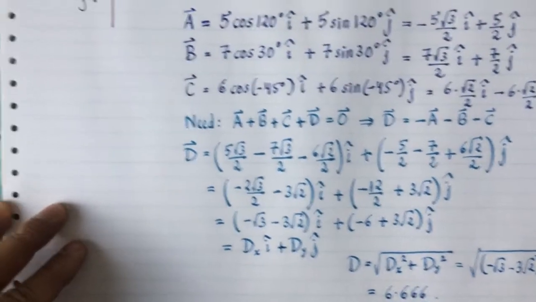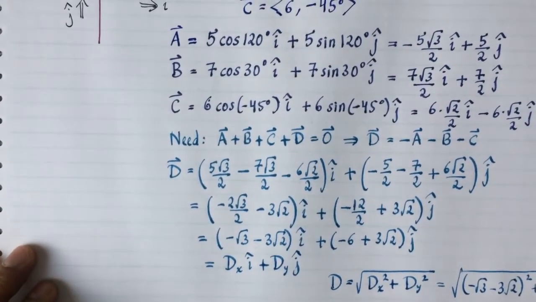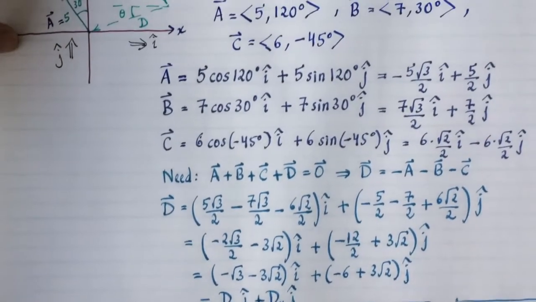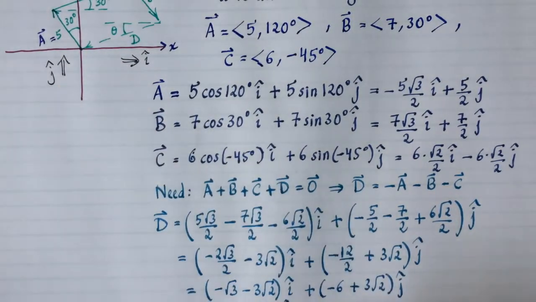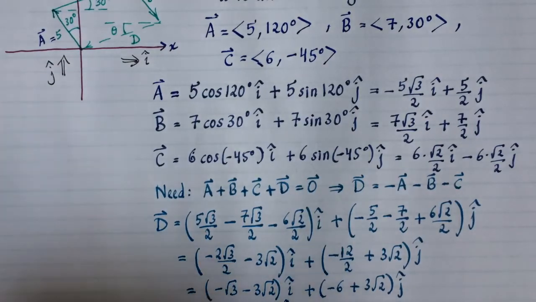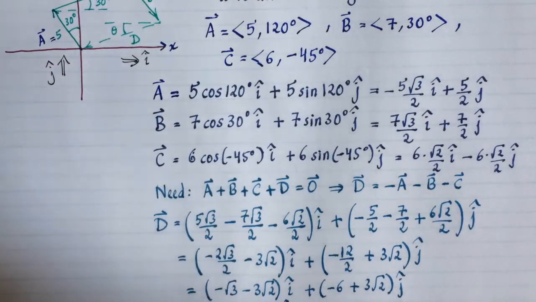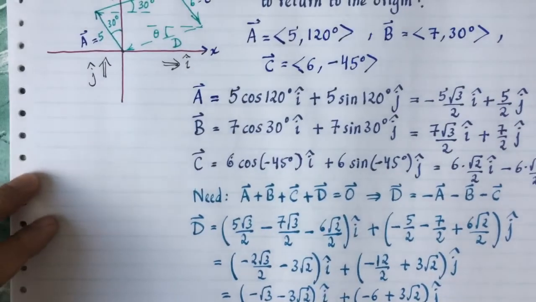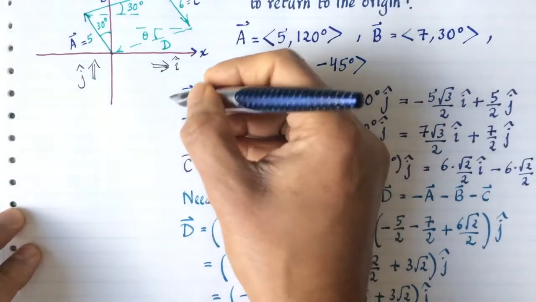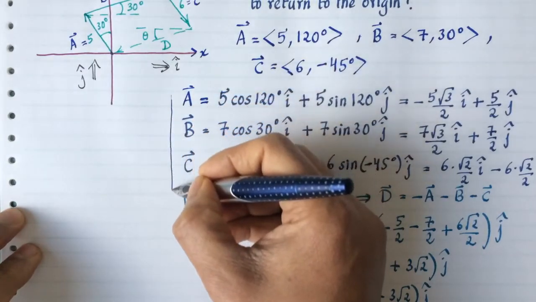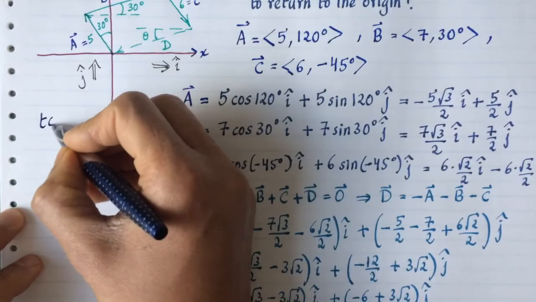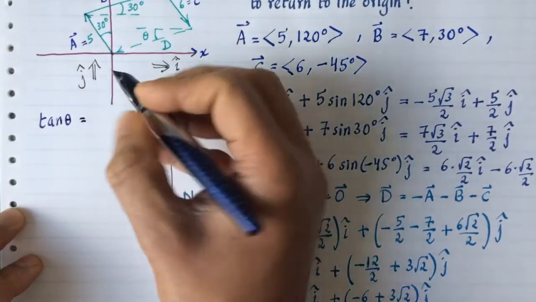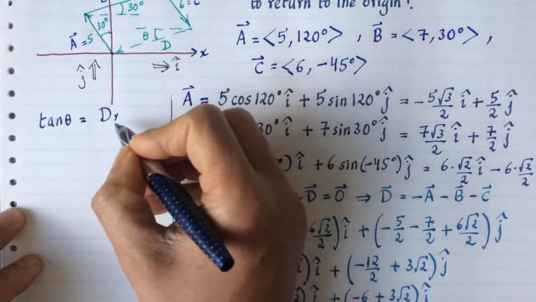What I'm going to now do is to find the angle theta. Now tangent of theta as drawn is what I'm trying to calculate. So let me do that off to the side. Tangent of theta is dy upon dx.